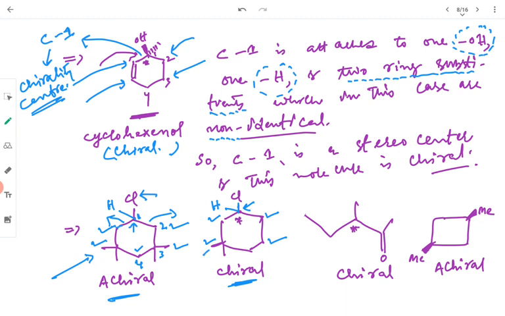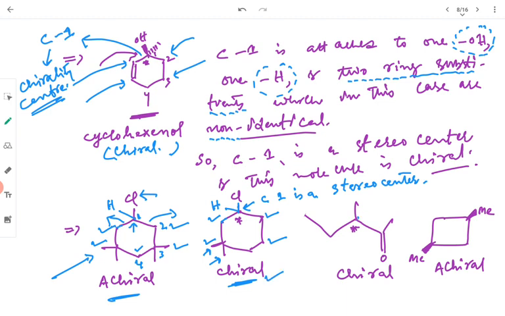These are two methyl groups here. So these two ring sides are different. So it means that this C1 carbon is a stereo center. Hence this molecule will be chiral.